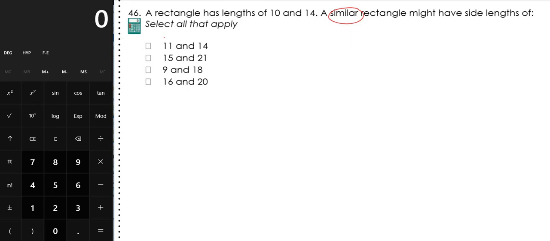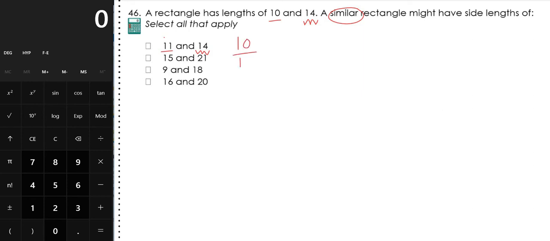So for example, 10 is the shorter of the two sides between 10 and 14. It should match with 11 and create some type of scale factor. It should be the same scale factor as when you match 14, which is the longer side, with the longer side from your choice. So let's take a look.